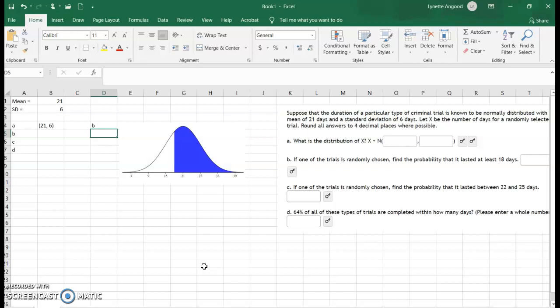So 21 plus 6, 27 plus 6, 33 plus 6, and so on. And then below the mean, 21 minus 6, and then that minus 6, and then that minus 6. So I can picture that 18 is somewhere between one standard deviation below the mean and the mean itself. So it has a z-score that's between -1 and 0.